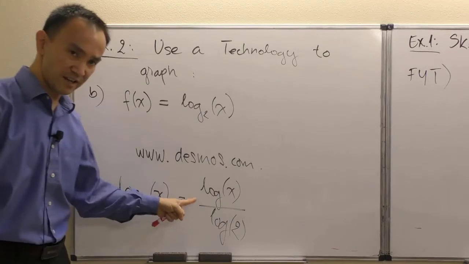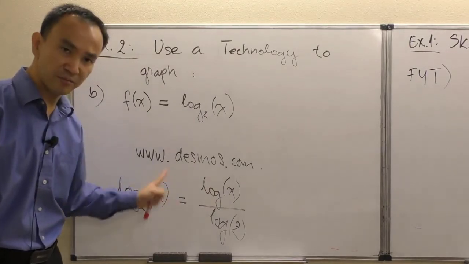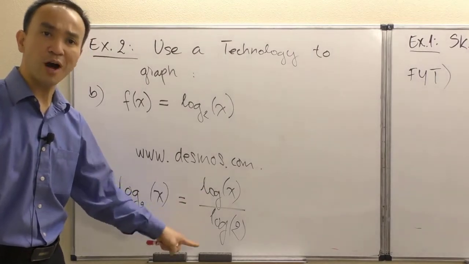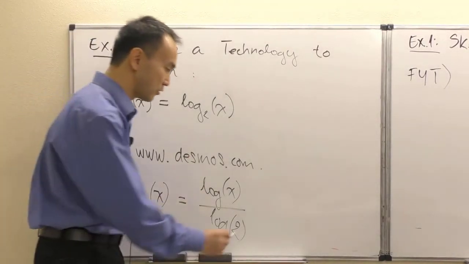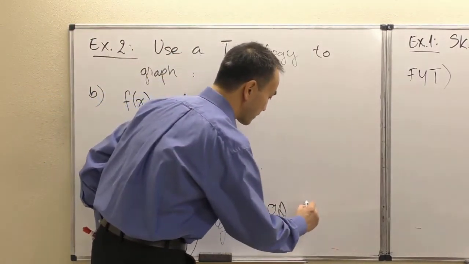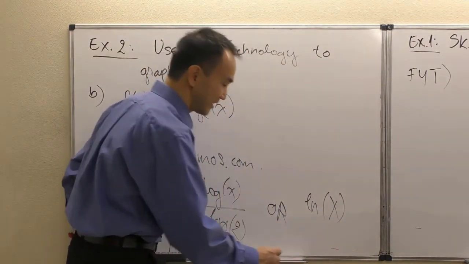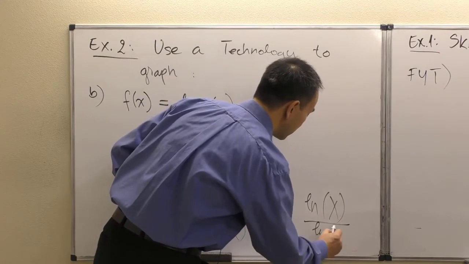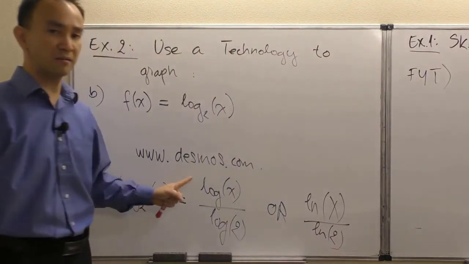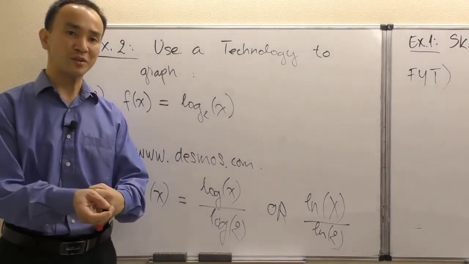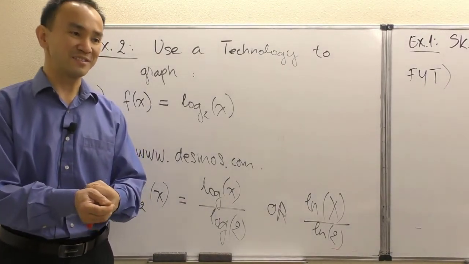That's what I typed in my TI calculator, but this is just one of the two options. You can similarly use ln as a different base: ln of x divided by ln of 2. We saw this in the video lecture where I introduced logarithms.